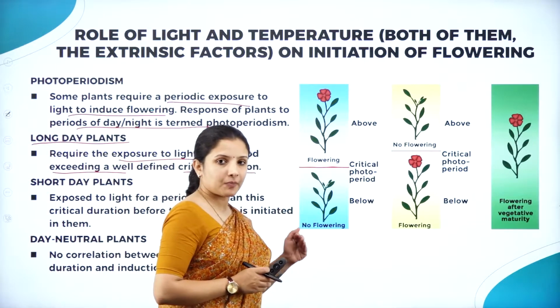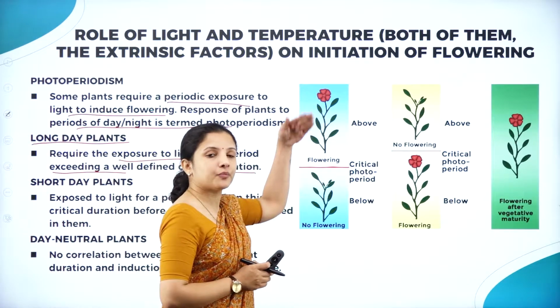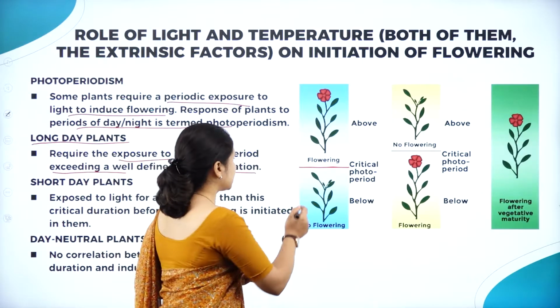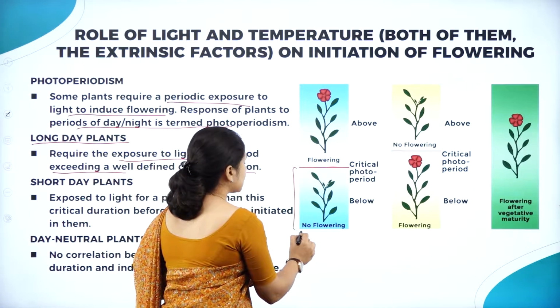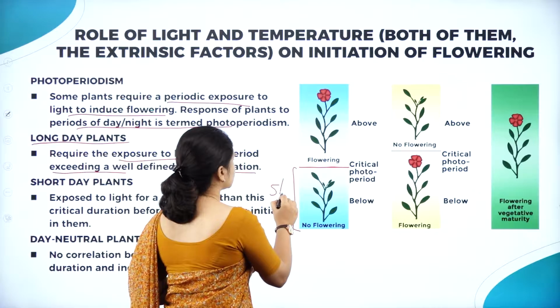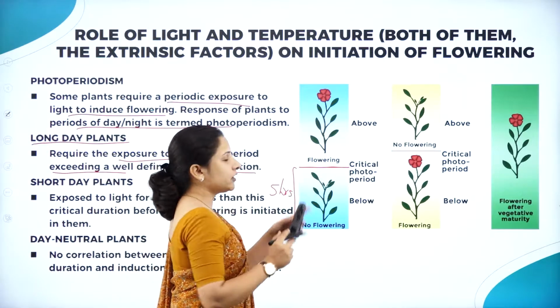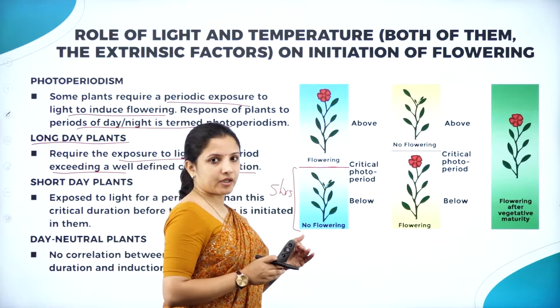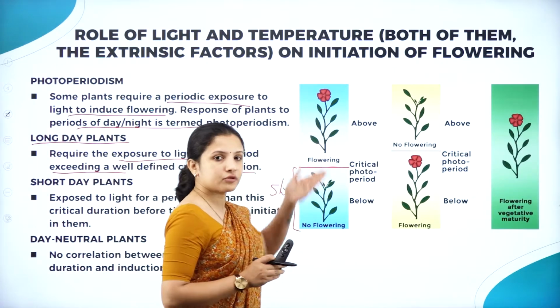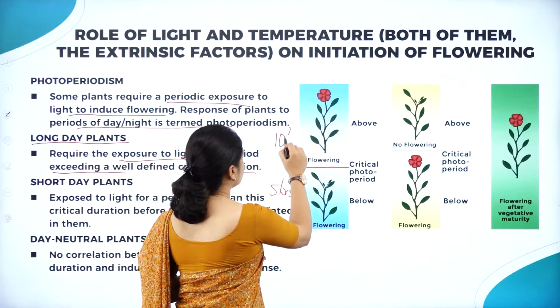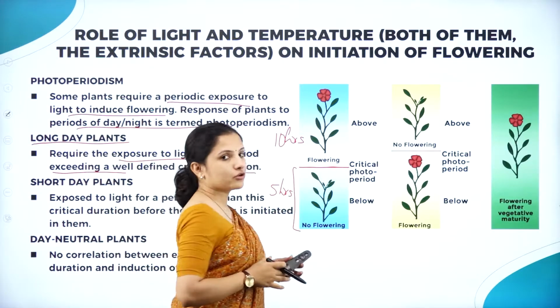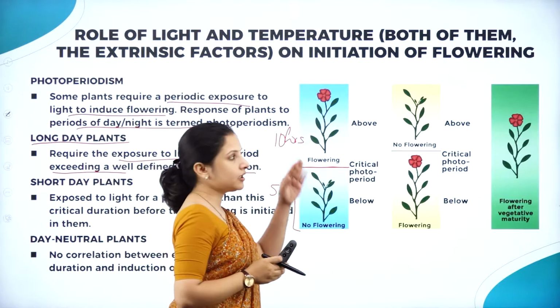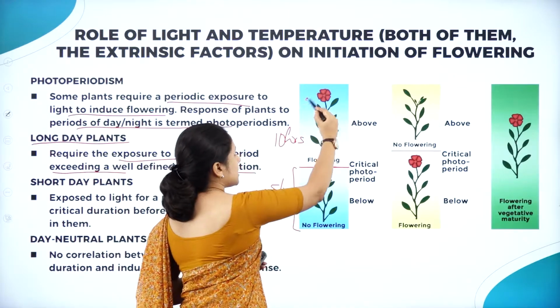Long day plants means they should be exposed above the critical photoperiod. For example, here the plant is exposed to only 5 hours of daylight. Flowering will not take place because if 5 hours of daylight is the critical period, it should be exposed above the critical period, say for example 10 hours, that is above the critical period. Therefore, flowering will be initiated.